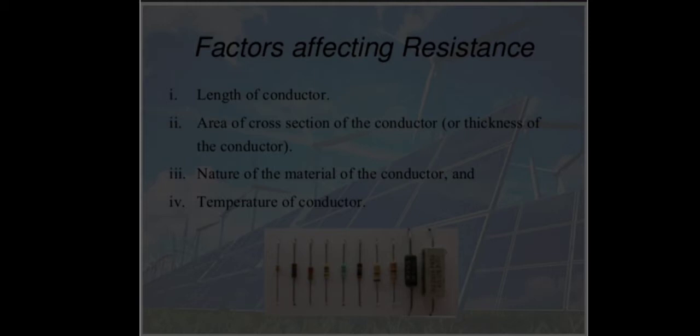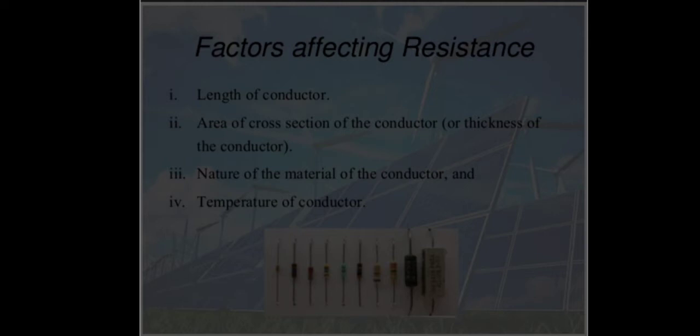So if the cross section of the conductor is small, then resistance is high. Understood? I hope all of you understood.